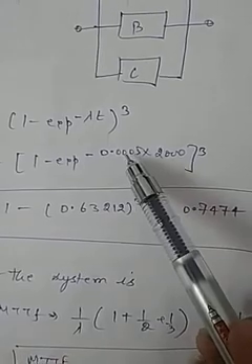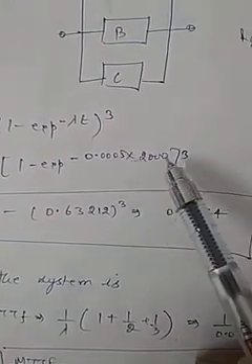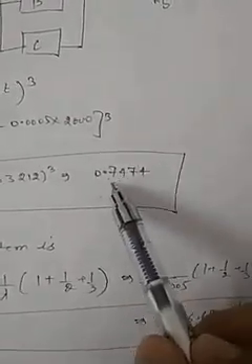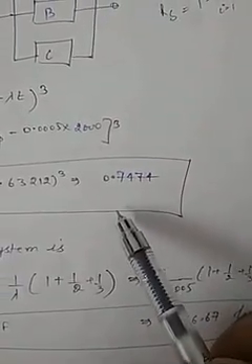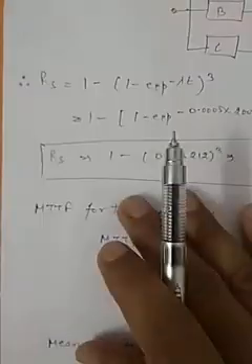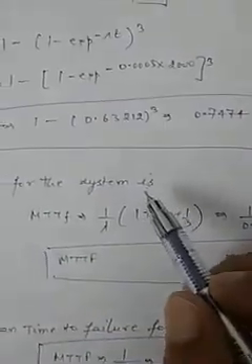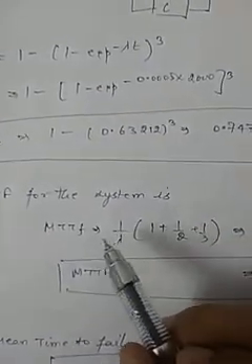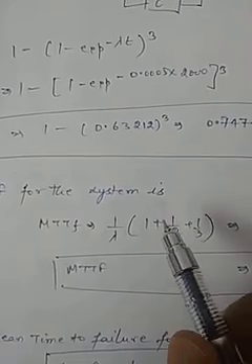Lambda is 0.0005 into 2000. After calculation it comes out to be 0.7474.